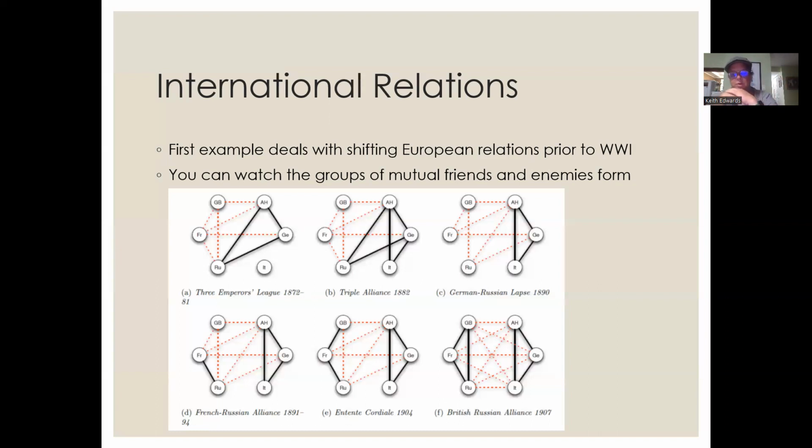And of course, the British-Russian alliance happens and fills in that triangle. And what's interesting is you can see the world divide into these 2 groups of mutually friendly but antagonistic towards everyone else that we talked about in that structural balance.